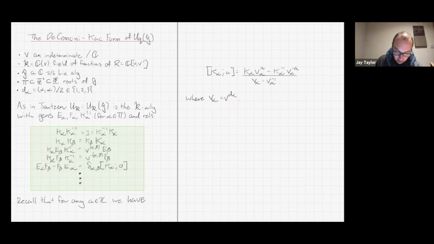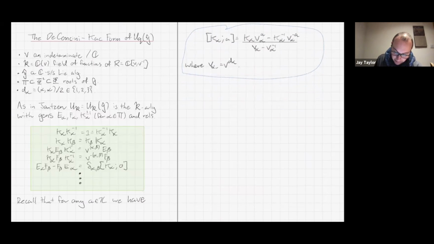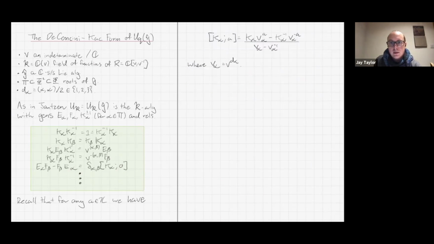Let me just mention this now, because it'll come up later. There's a reasonable amount of flexibility with this power d_alpha. We chose it to be this very small number, but in reality there's a lot of flexibility about how we could choose these powers. That's going to play a role later when we consider Lusztig's quantum Frobenius. So just bear in mind that there's some flexibility there in this setup.